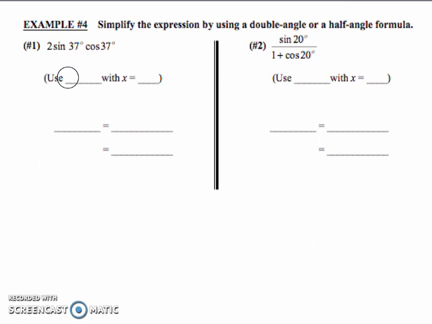sine of 2x, with x being equivalent to 37 degrees. So I know that in this case, sine of 2x would be equal to sine of 2 times 37 degrees. 2 times 37 degrees is 74 degrees.